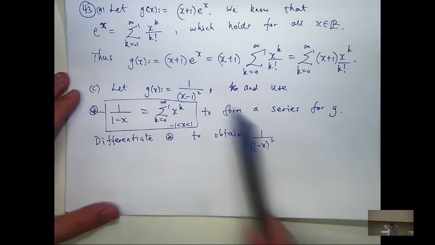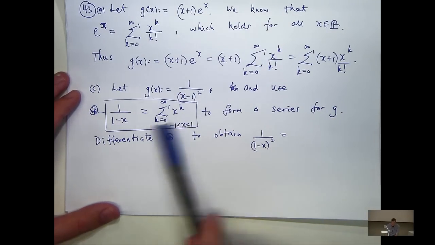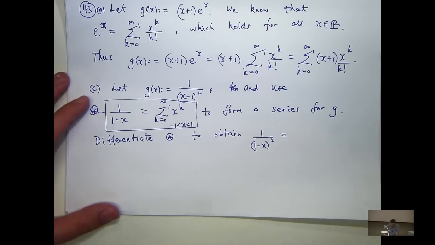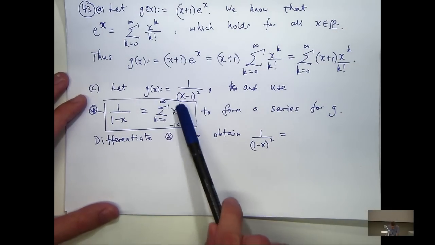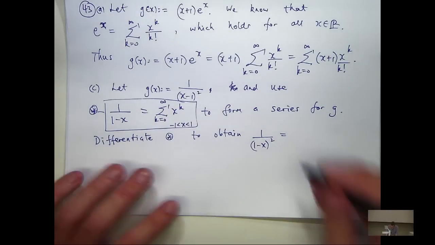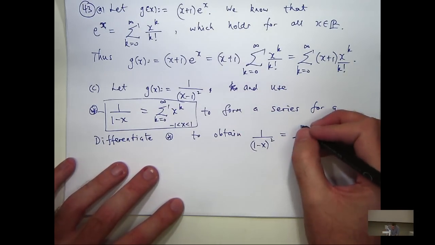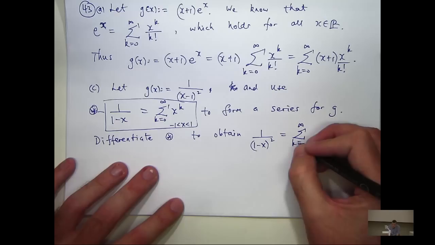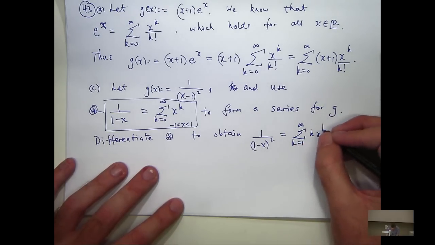Now that's equivalent to g, right? So all we really have to do is go through here and differentiate term by term. Sometimes with these, I like to write out the first few terms of the series, then differentiate and collapse it back into a series. With this one, I'm not going to do that. I'm just going to differentiate. So the first term's going to go to 0, and I'll get something like this.